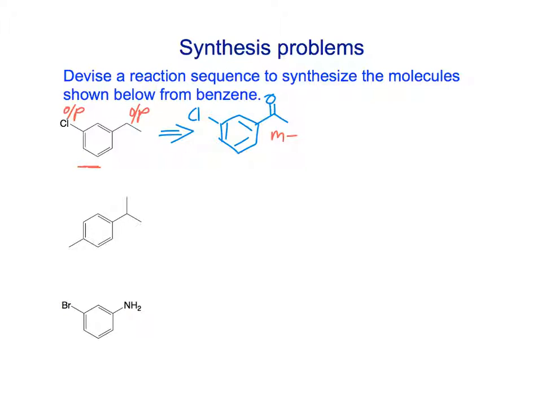So if we put that meta-directing group on first, then we chlorinate, the chlorine will go to the meta position, and then we have to convert that acyl group into the alkyl group. Okay? So if we keep going backwards here, we would go back to just the acyl group. And then back to benzene.